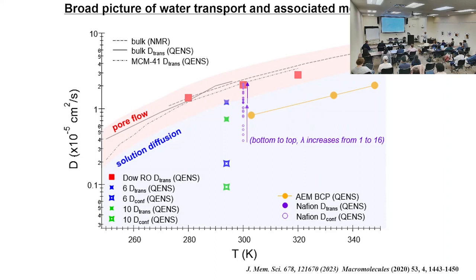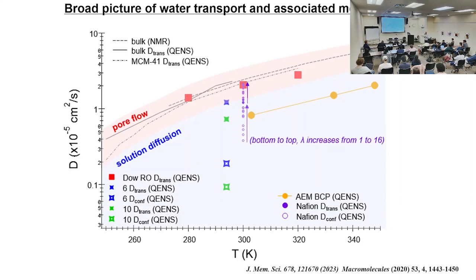So this we call pore flow mechanism, because water, if it's falling under this, is basically following the pore flow mechanism. So water basically diffuses through like it's diffusing through a pore. It's not interacting with whatever that pore is made of. However, if it's down here, then you have solution diffusion.